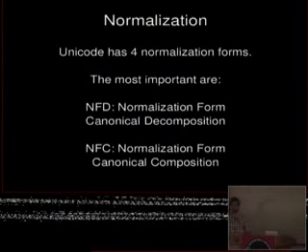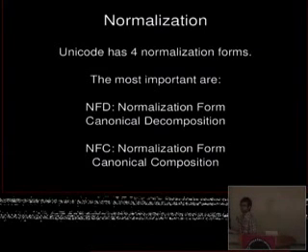So NFD, for decomposition, will break it out into the longest form possible. So if you have your pre-composed A with diaresis, it will break that up into 2 code points, A followed by combining diaresis. Whereas the NFC, canonical composition, will first run NFD.